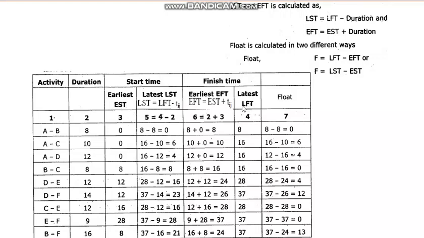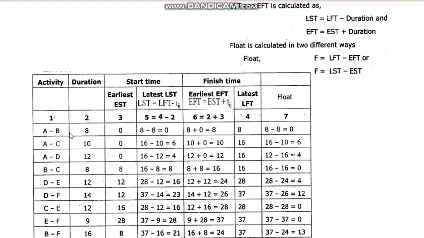You see, earliest start time and latest finish time we can get directly, whereas latest start time and earliest finish time you have to calculate through formulae, and those formulae are given here. Latest start time will be latest finish time minus duration. Duration is given here as Tij, where i is the starting node and j is the ending node.